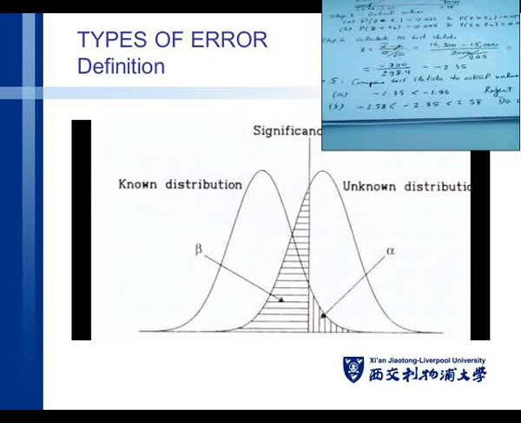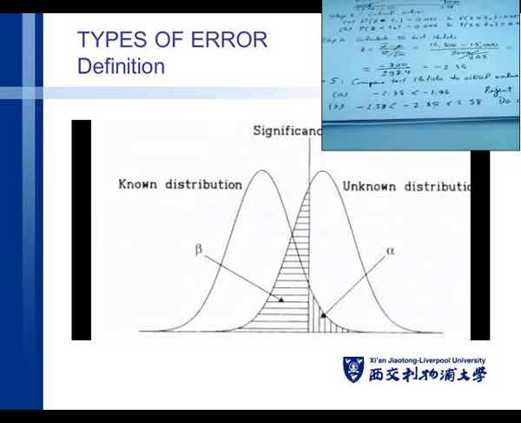And you cannot basically put both to 0. If you decrease one type of error, you're going to increase the other.